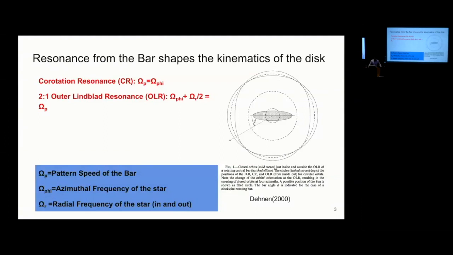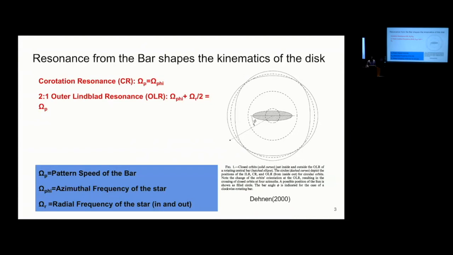So it's really interesting to look at the effect of the bar on the kinematics of the disk. That happens in a process called resonance, which shapes the kinematics of the disk. For resonance to occur, the pattern speed with which the bar rotates should be equal to certain values of the frequencies of the stars.